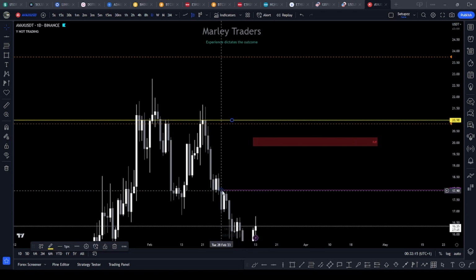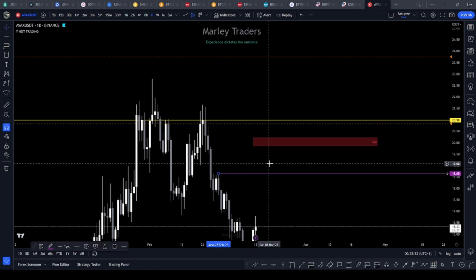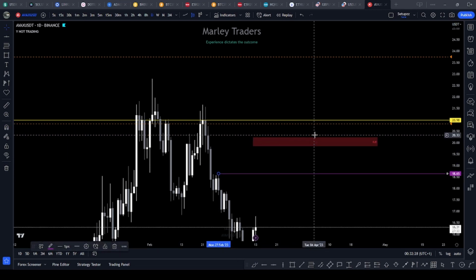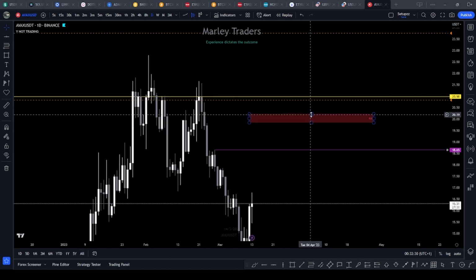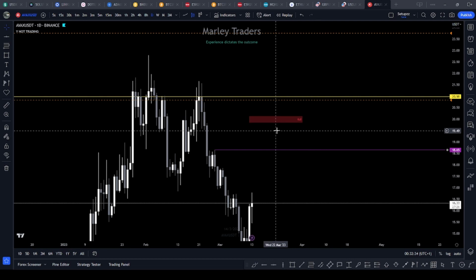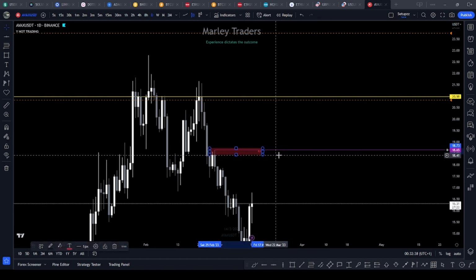I take my level here and then I take a box like this. It's called a rejection block. If you know ICT concepts, again, you will know what this means. So this is the rejection block, or rather this is my rejection block.